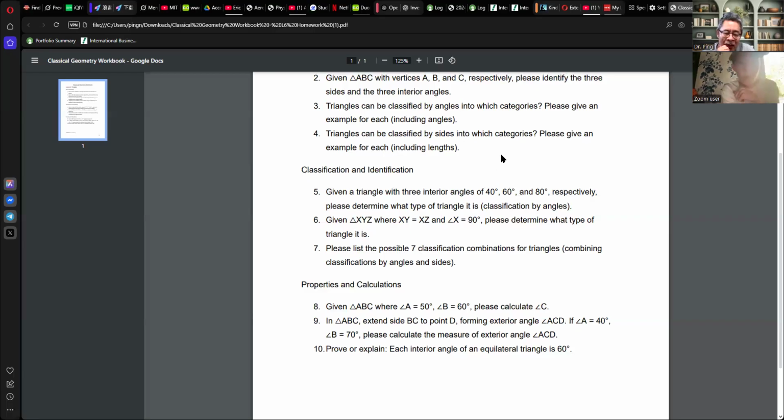It's based on angle and side. We now have an angle, right? What kind of right triangle?